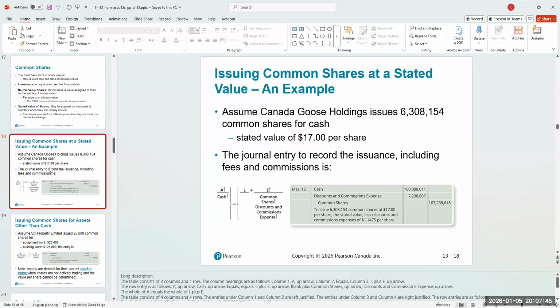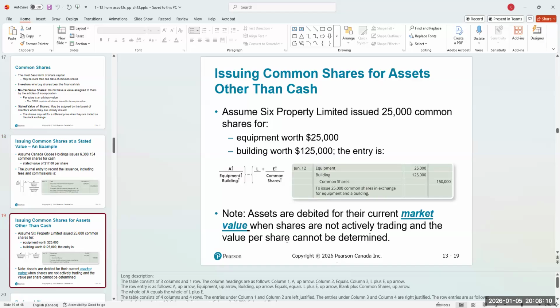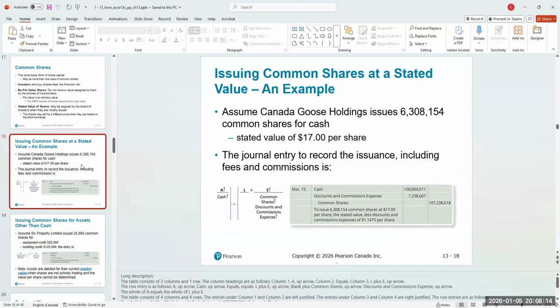Those are ginormous numbers, but that's what's going to happen if we issue those shares with the stated value of $17. We wish we could get $17 per share, but there are associated expenses, which are $1.4075 per share.